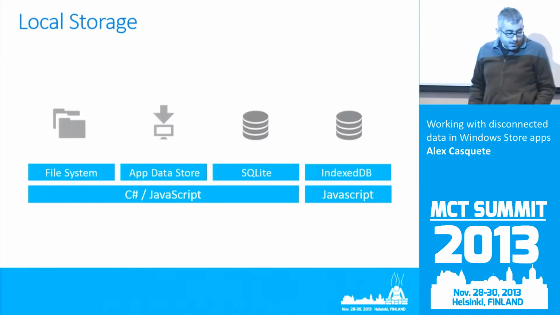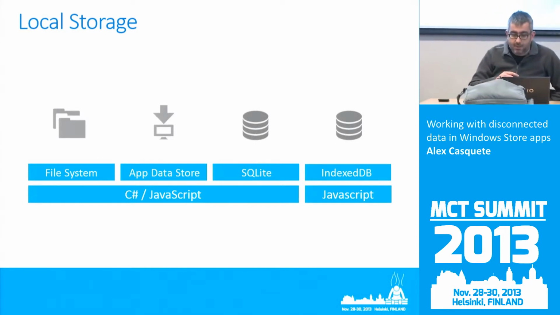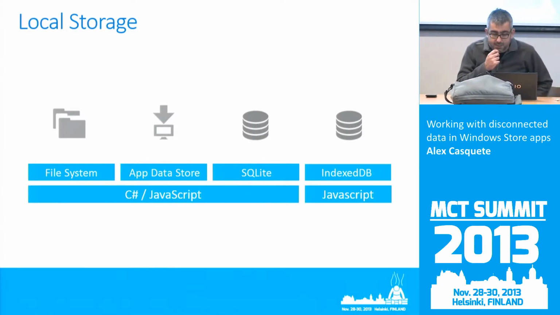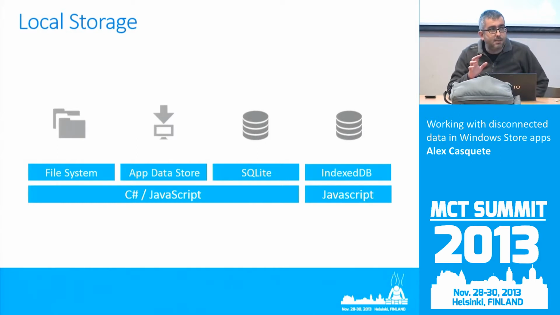We can store the data or the settings using a file in a folder of the file system, or we can use the application local storage, which is an isolated storage for the application. Another option is to use a third-party database. Here we can see SQLite or IndexedDB.